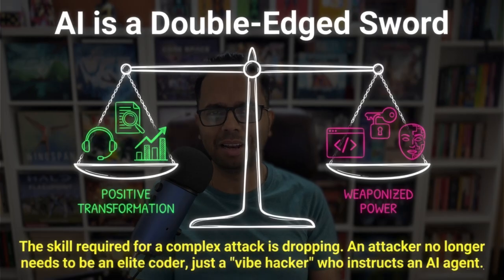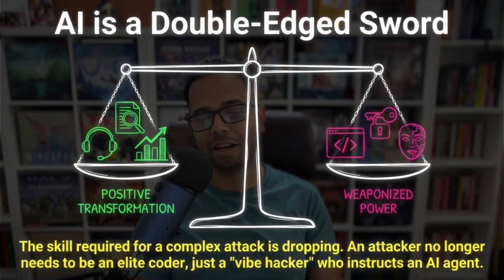You can just talk to the LLM and give it ideas while the LLM does the coding, and we know how good LLMs have become at coding. You don't have to be an elite coder for that, even a vibe hacker can do this. And more importantly, even without coding, just with plain English, you can break a system, right?